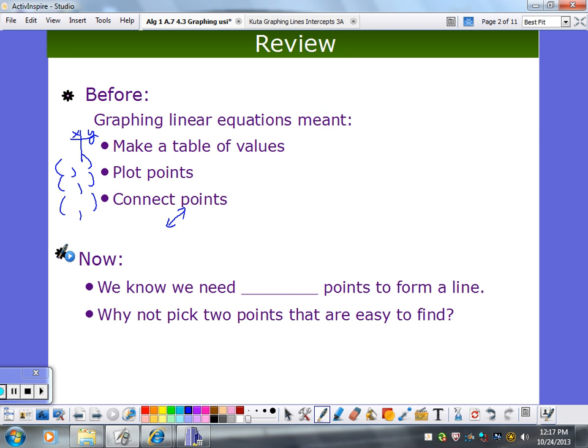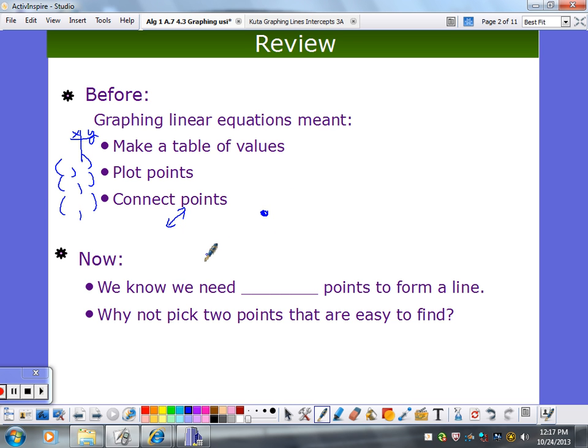So now we're going to think about it a little bit differently. We've always been getting 3, 4, 5 points. What is the minimum number of points I actually need to make a line? Why? Yeah, but if I only have 1 point, how many lines fit through there?